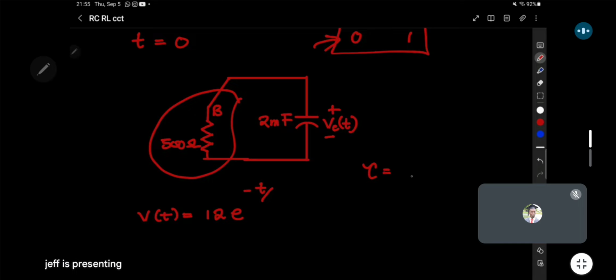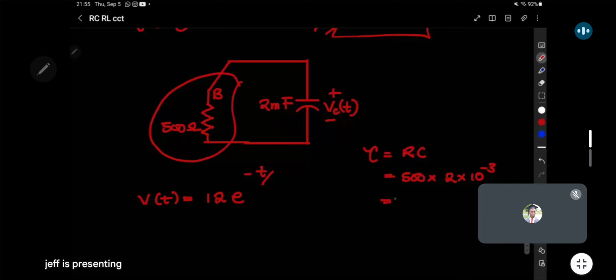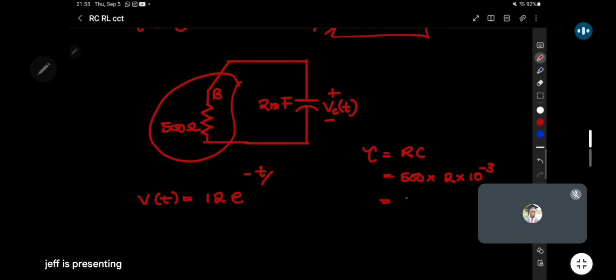Being a capacitor, it's RC. That is how we get our tau. Resistance is 500 ohms. Capacitance, 2 millifarads, so 2 by 10 to the power minus 3 farads. And when we calculate this, we're going to get 1.